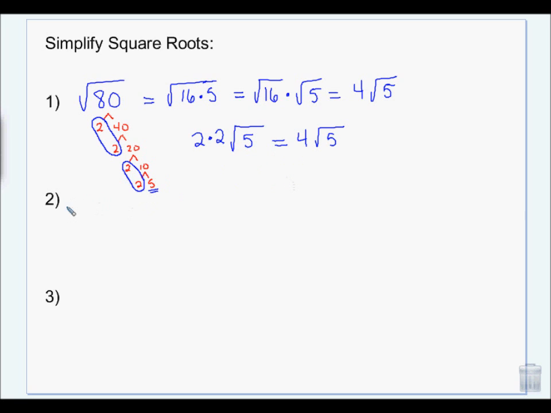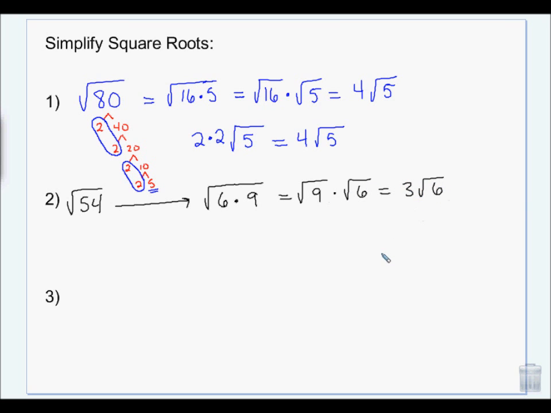Okay, we're going to try another one. Do the square root of 54. And if you know that 54 is 6 times 9, then that's the square root of 9 times the square root of 6, so that's 3 times the square root of 6.